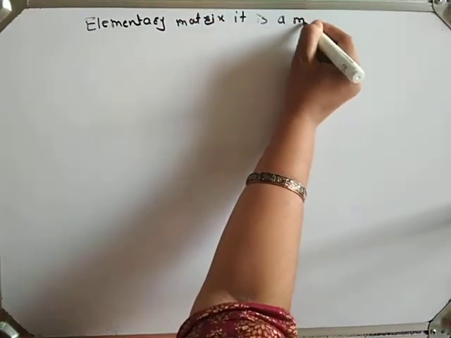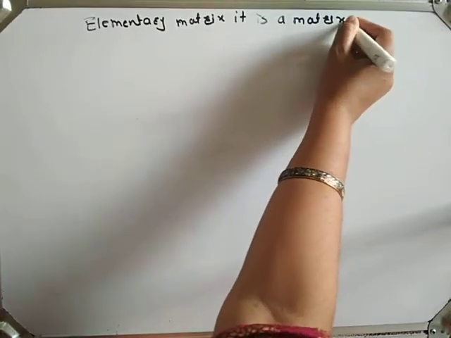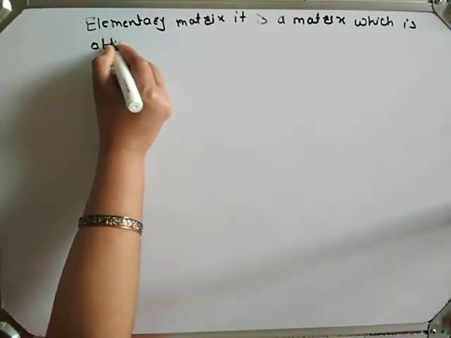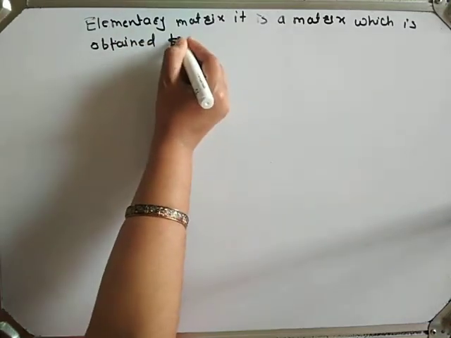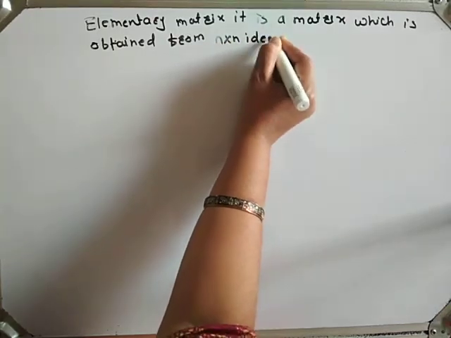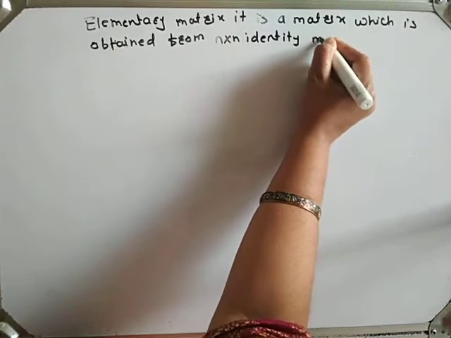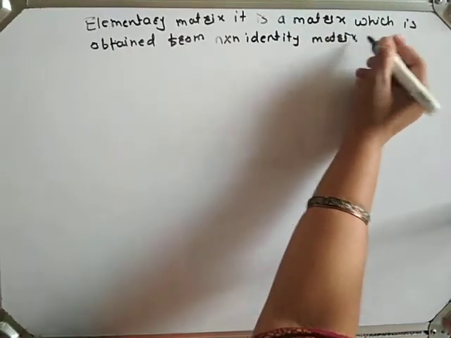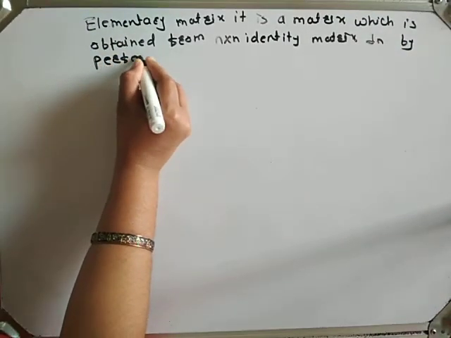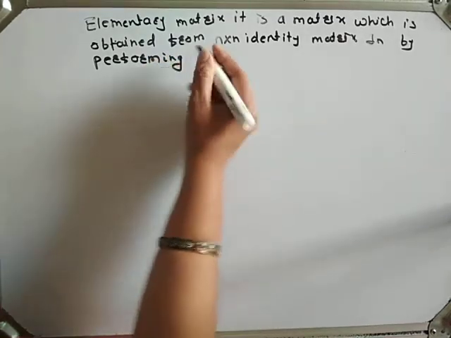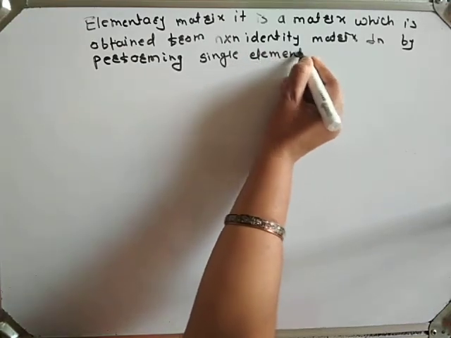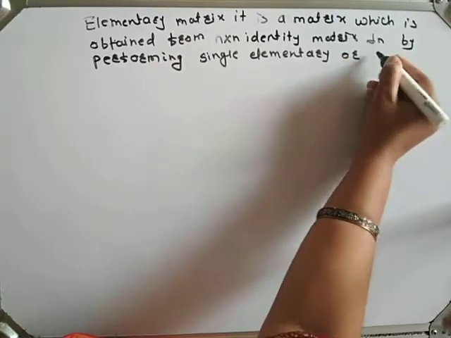It is a matrix which is obtained from an n by n identity matrix In by performing a single elementary row or column operation.